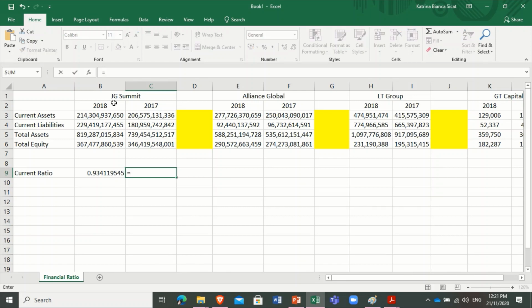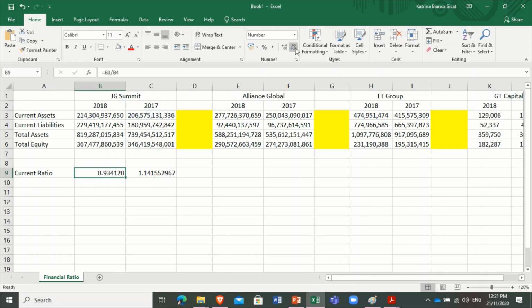And then this one. Okay, from this answer, you would know that as compared to 2017, no, mas liquid si JG Summit as compared to 2018. So, for every 1 peso of current liability, merong 1.14 na current asset.